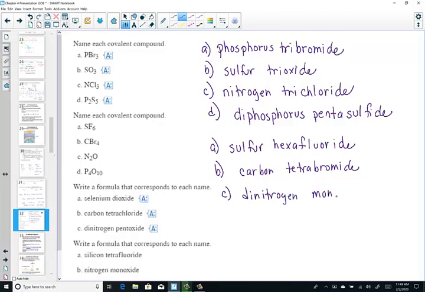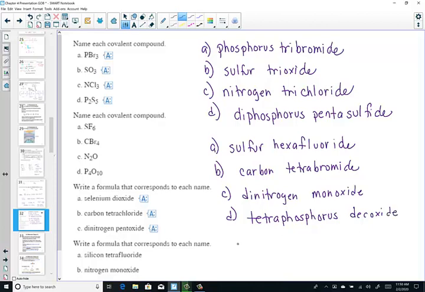Did you remember the mono? Lop off the double vowel, monoxide. Letter D, tetraphosphorus decaoxide. I'm going to lop off that vowel and just get decoxide.